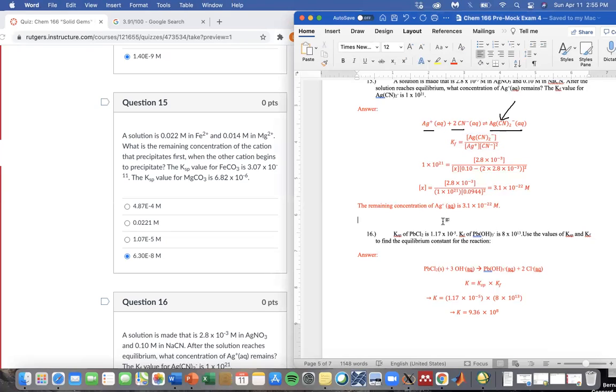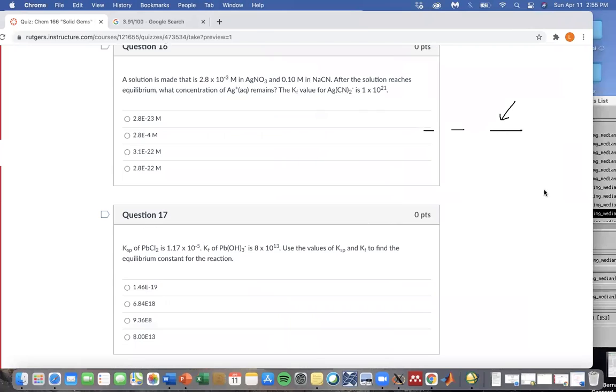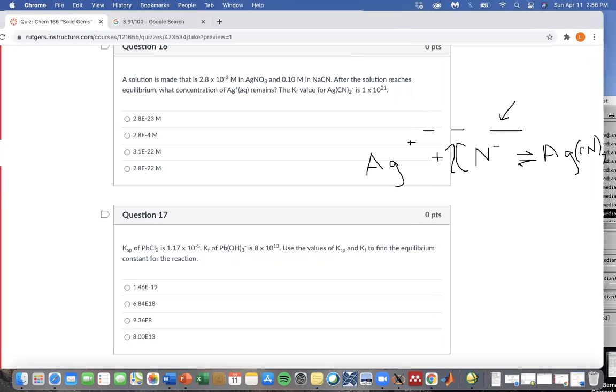So let me just minimize this. For an ice table here, you'd have your Ag plus and your CN minus yielding AgCN2 minus. Because it has 2 in it, you'd have to balance your equation and include a 2 in front of the cyanide.